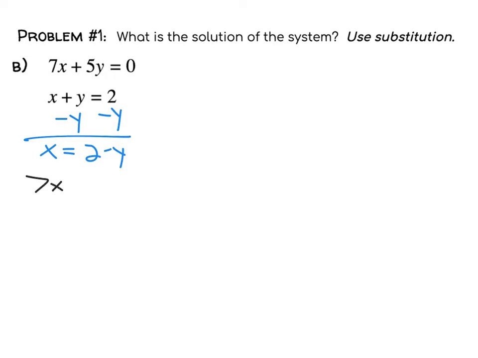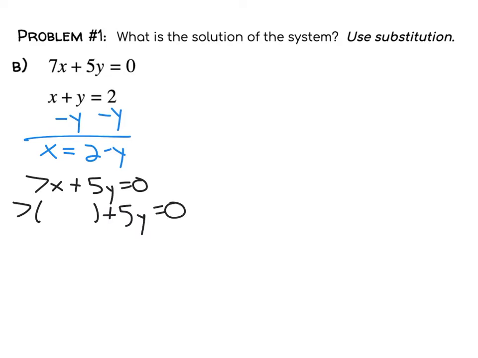So we can take 7x plus 5y equals 0. And then we say 7 times what x is equal to, so I'm going to put parentheses there, leaving a little bit of space, obviously, to be able to fit it.